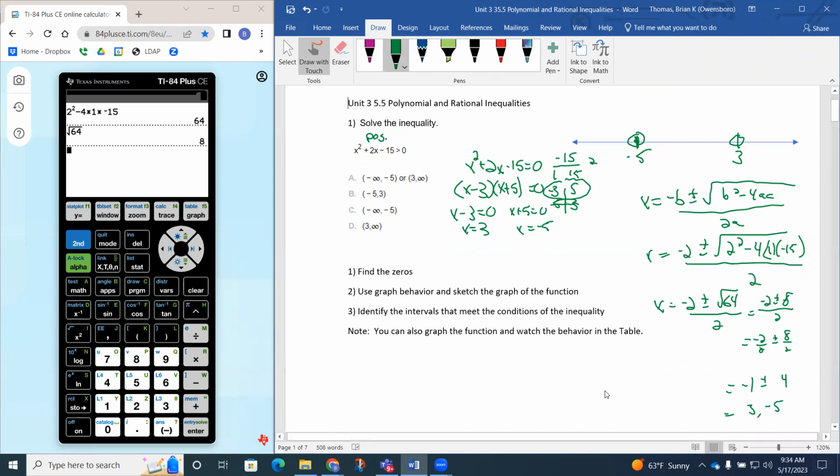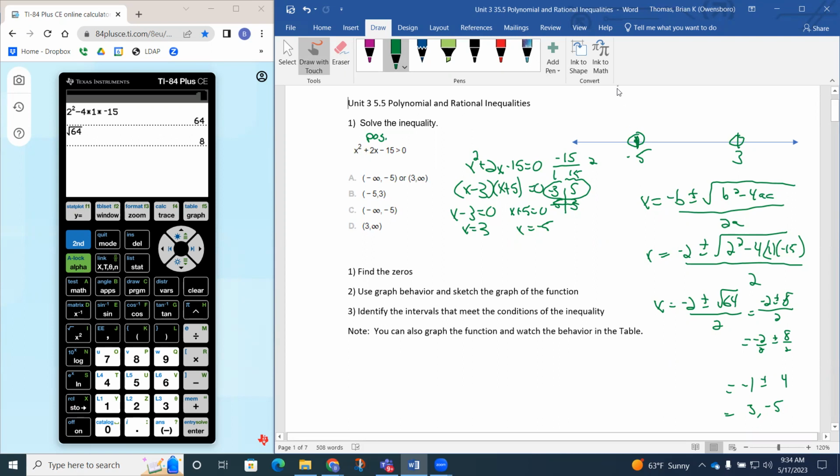Now, again, you could use graph behavior on this as well to complete the problem. So we already found the zeros. If I want to use graph behavior, notice that this is a quadratic and it does open up.